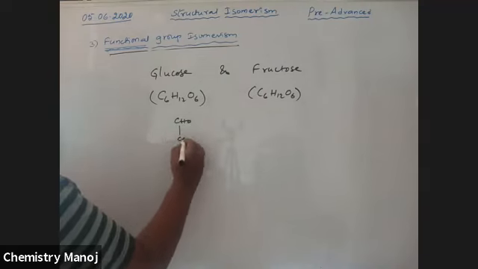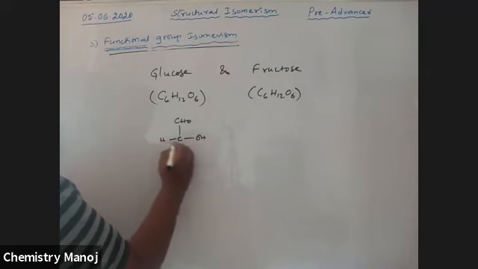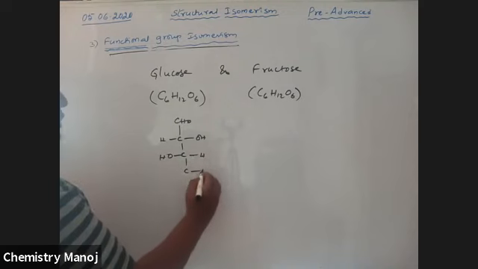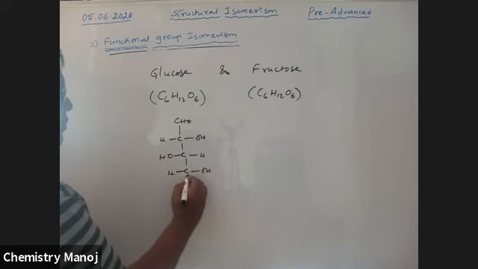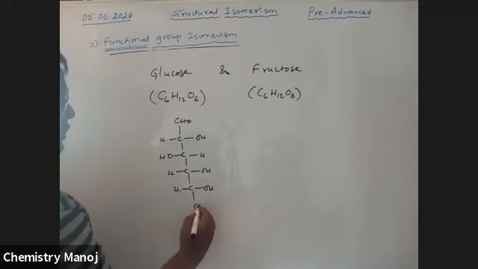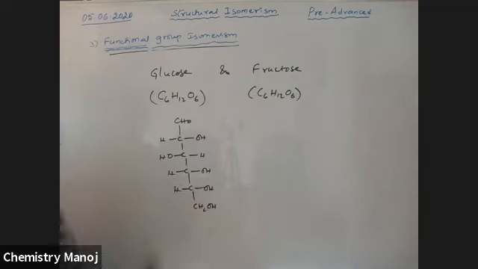Glucose: CHO, CHOH, CHOH, CHOH, CHOH, CH2OH. This is the structure of glucose.